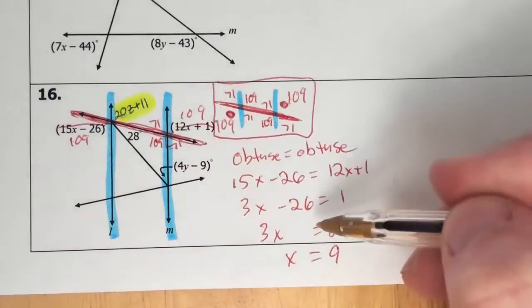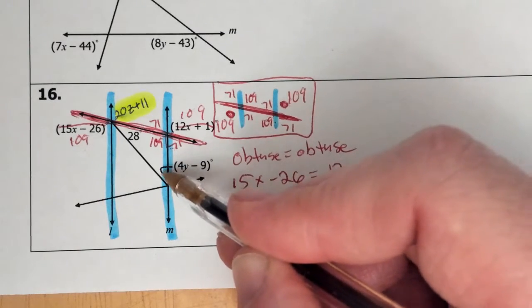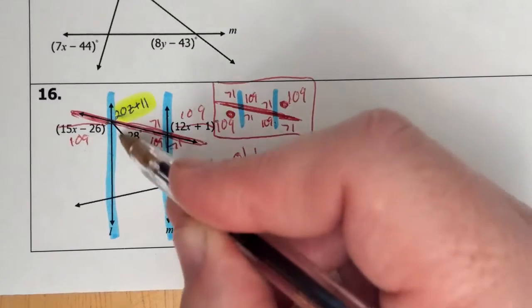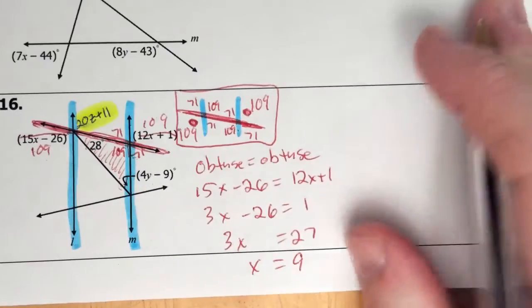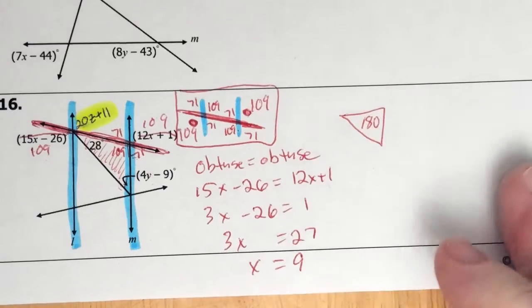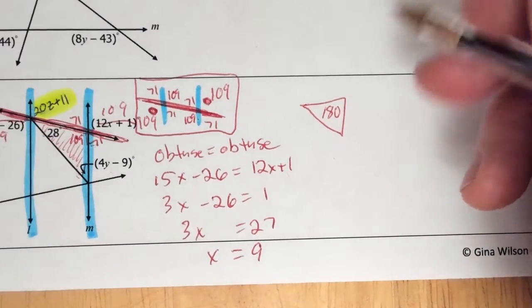Hey, looky here. Now we can actually find this angle right here, this y, which is not out here, it's in here. That's where the arrow goes. And you guys see this triangle right there? What do the angles of a triangle add up to? They add up to 180 degrees. There are 3 angles of a triangle.